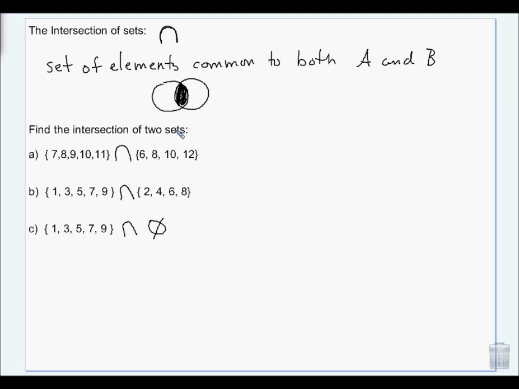That would be the intersection. So to find the intersection of a set, you're looking for elements that are common to both sets.